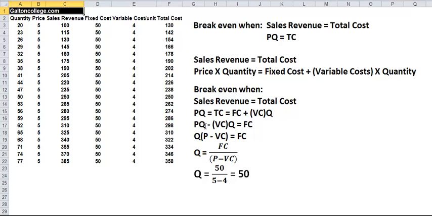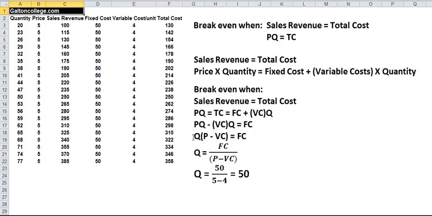Now we can factorize. In other words, we can take the Q outside the brackets. So it's Q times P minus variable cost per unit, which is equal to the fixed cost.